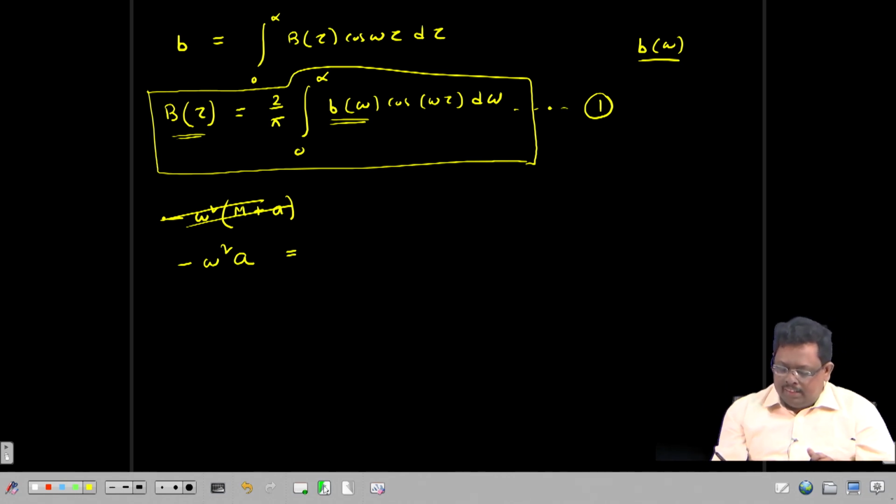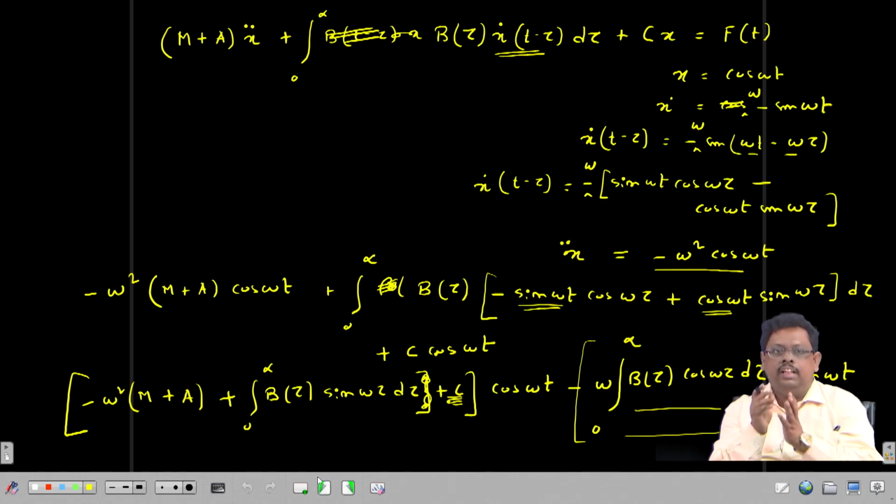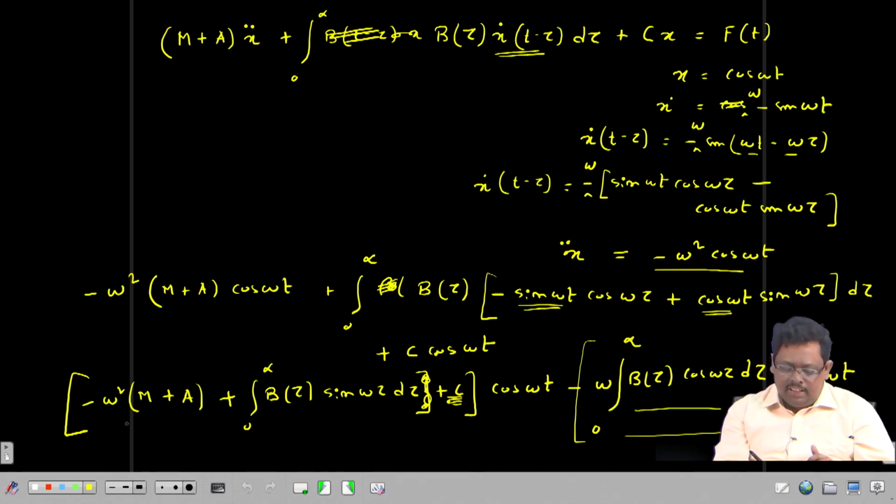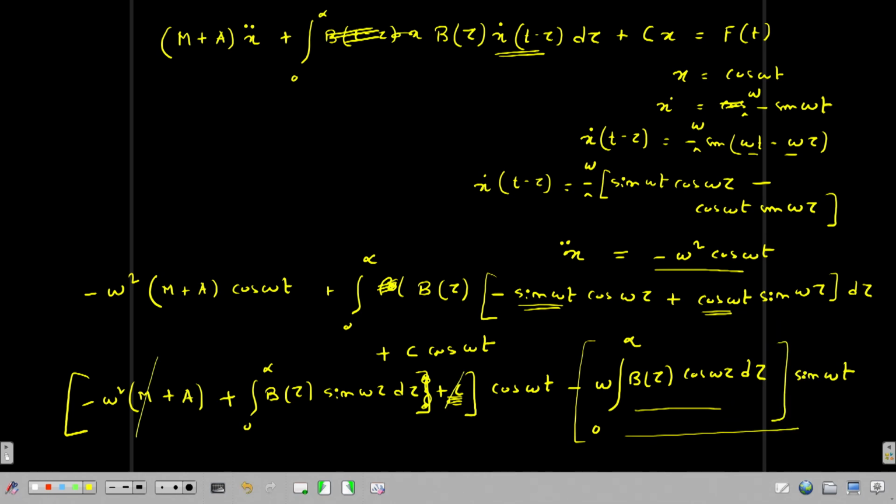Now, let us see what I write if I do this for the impulse response function. Here I understand that I can ignore the mass, and I can ignore this C also, but the remaining thing I need to write.